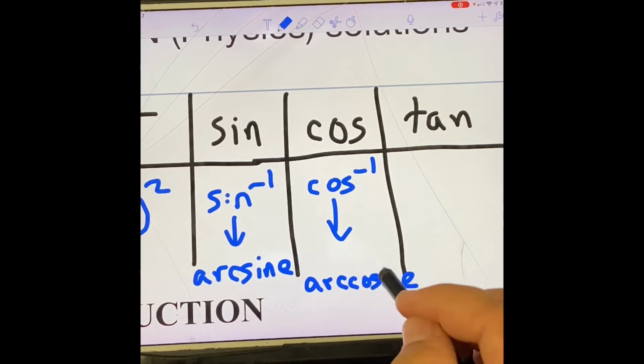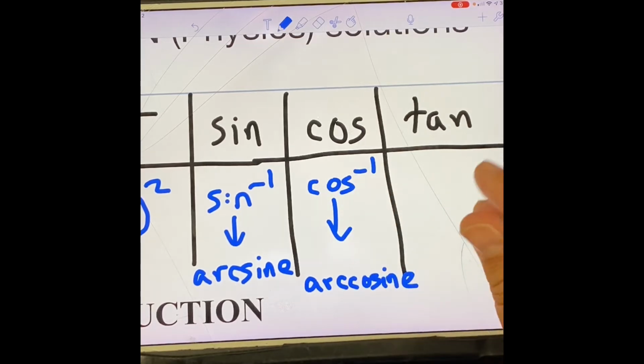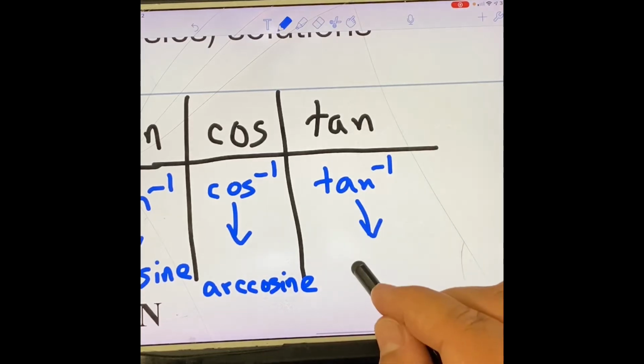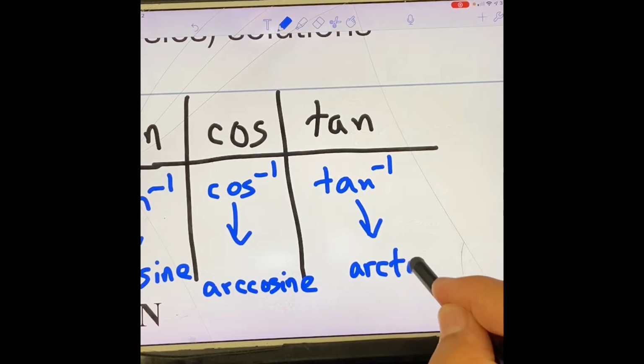It's abbreviated arc cos, but arc cosine is what it's called. And then lastly, tangent to the negative 1, which is referred to as arc tangent.